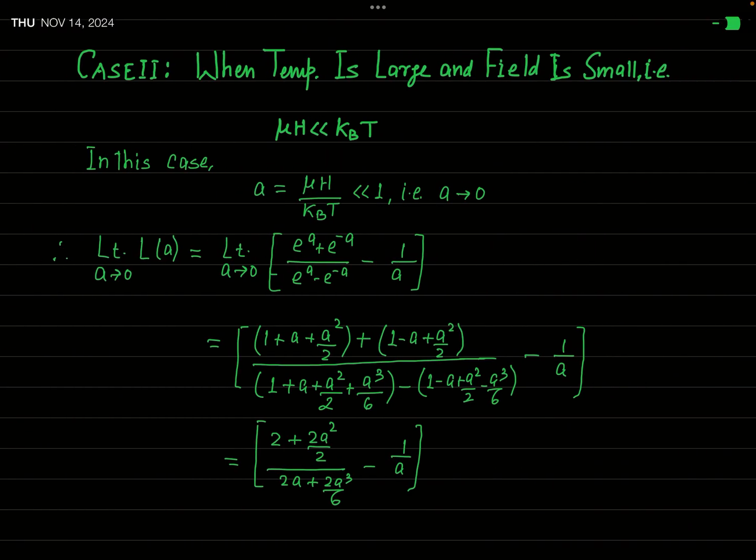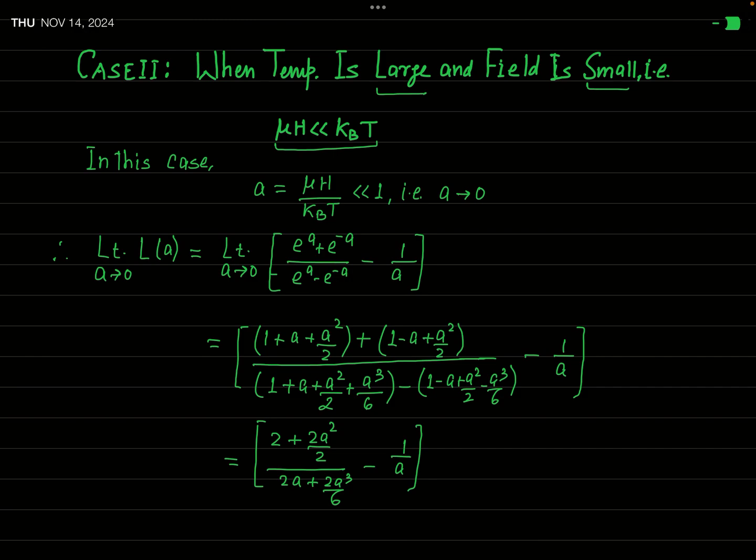Now we will consider the next important case, which is just the reverse of the first case. Now we consider that temperature is large but field is small. When temperature is large and field is small, this condition you can say is mu H is much smaller than kB times T. So in this case what will be A?